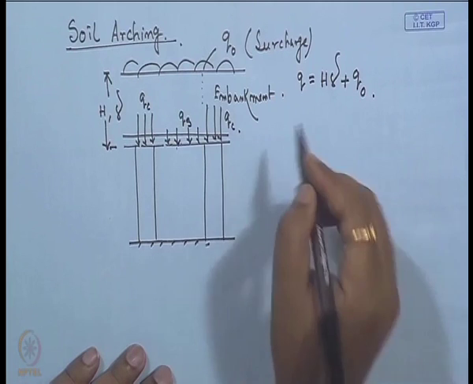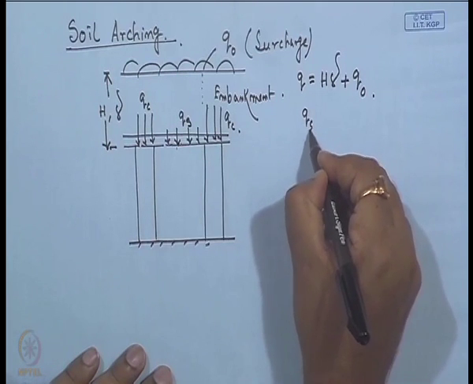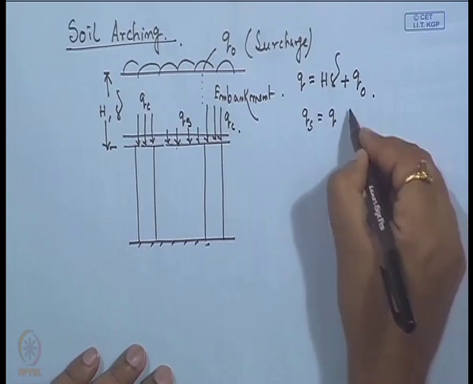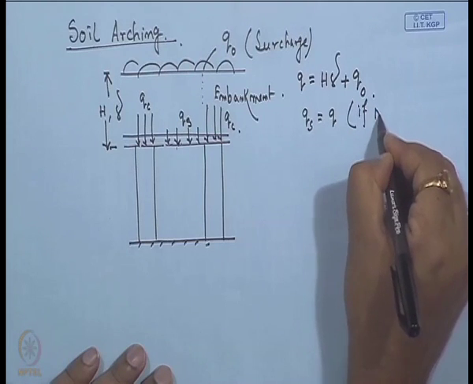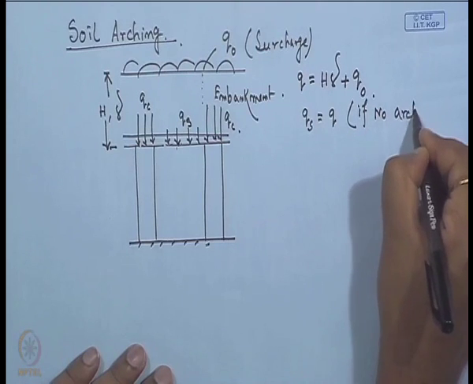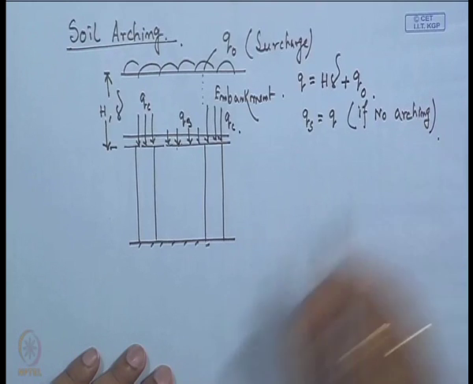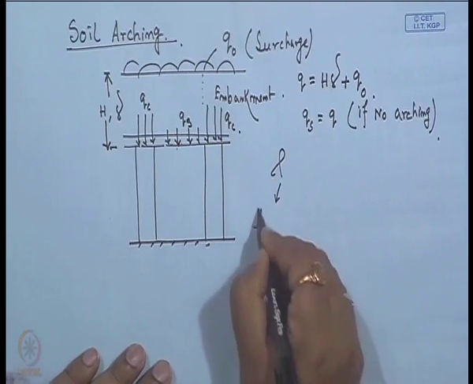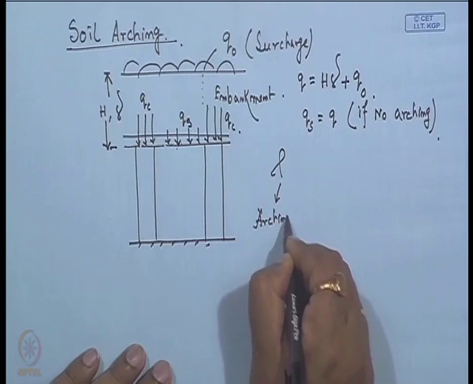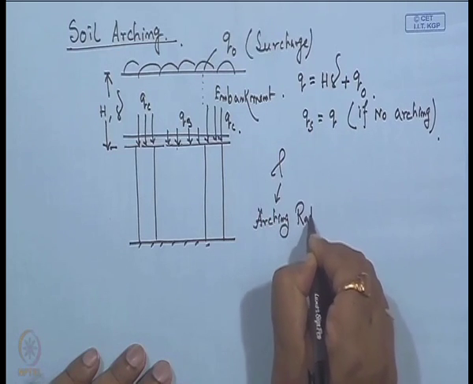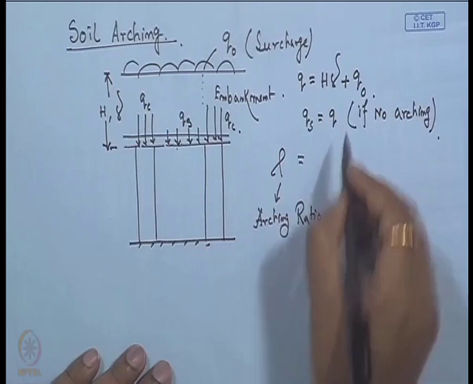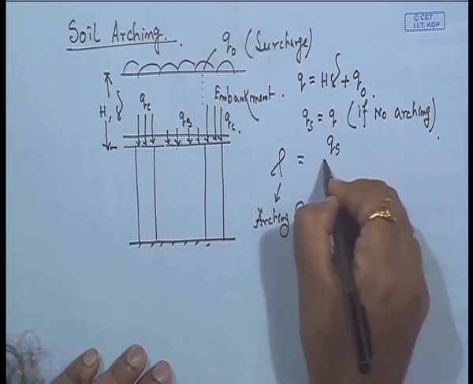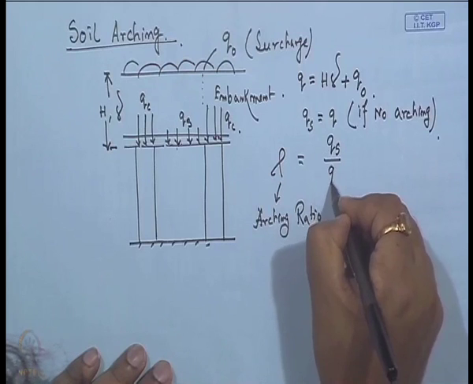If there is no soil arching, then q_s will be equal to q. Now, if I write the arching ratio, rho, that is q_s divided by q.